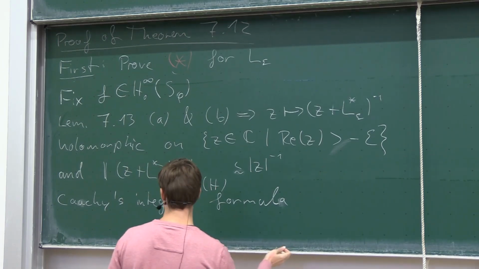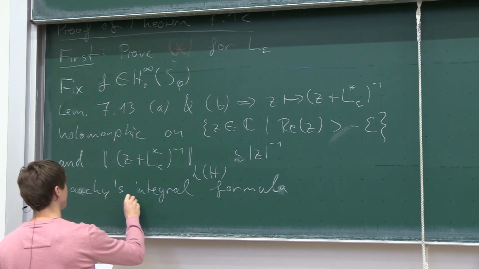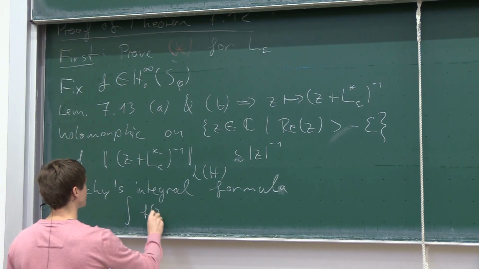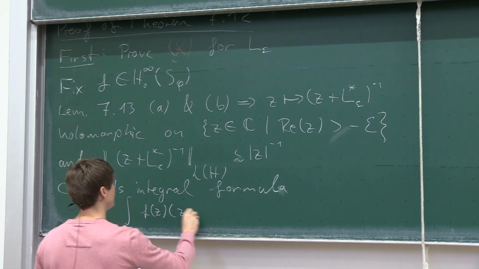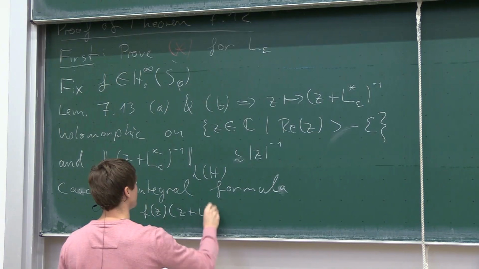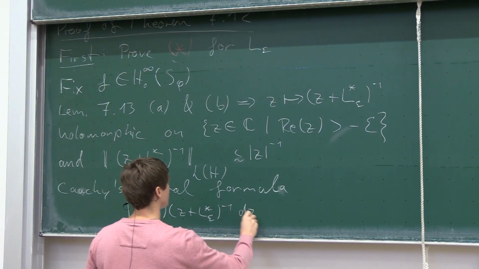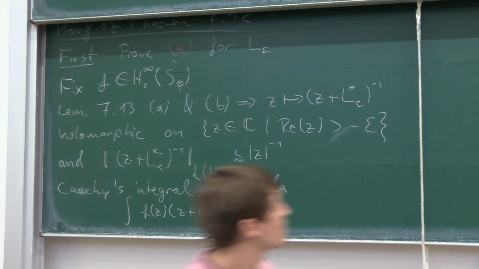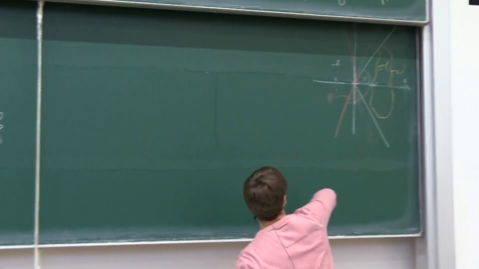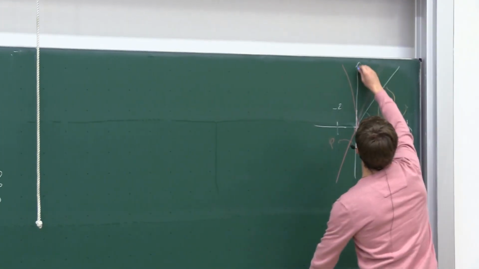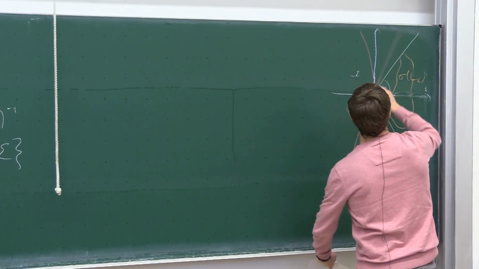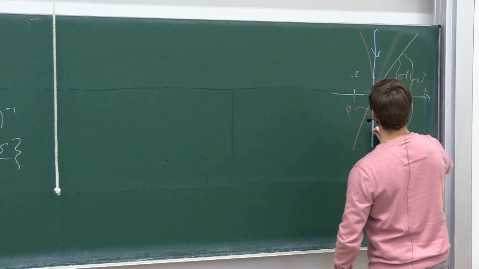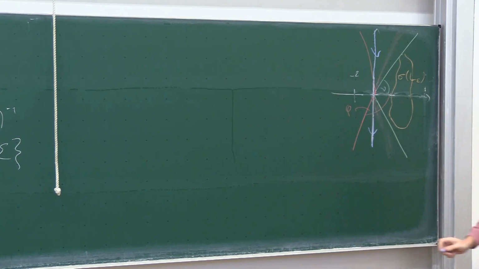Namely, Cauchy's integral formula tells us that if we integrate the holomorphic function f of z times (z + L_ε*)^{-1} over dz, and if we integrate now on a path with angle π/2, this will be our path over which we are going to integrate.